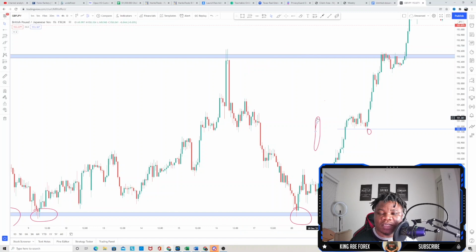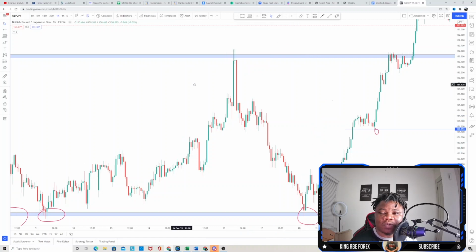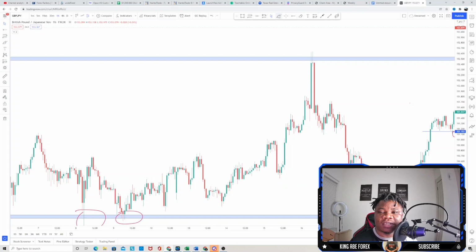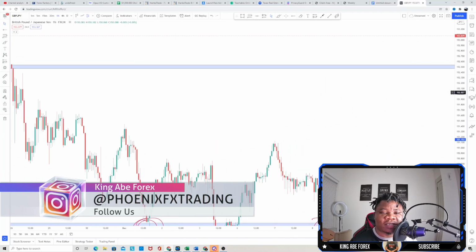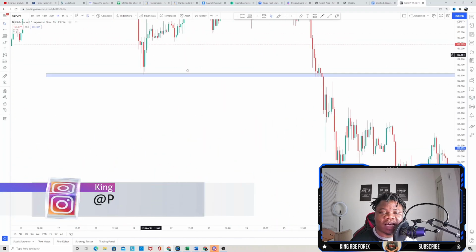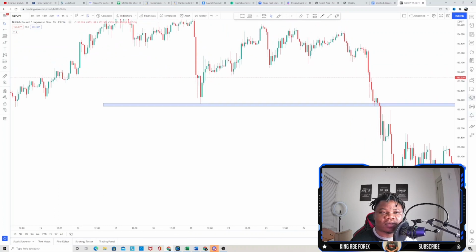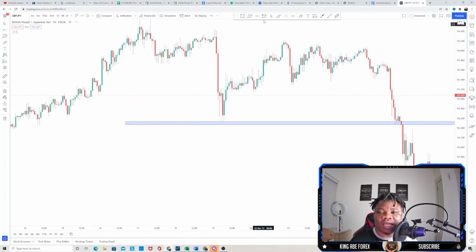Now for this sell, the reason why I have this supply zone here is because if we look to the left-hand side, on the 1 hour time frame, we have one touch here, this rejection over here.